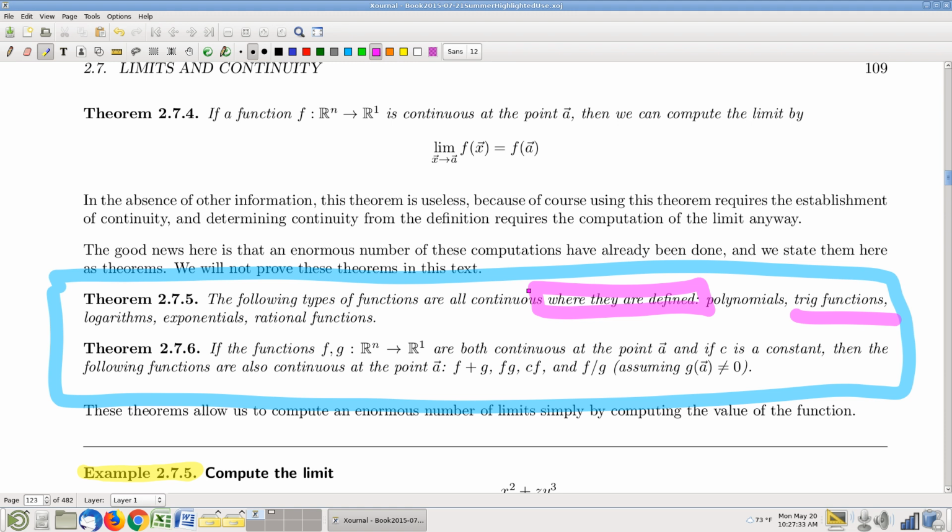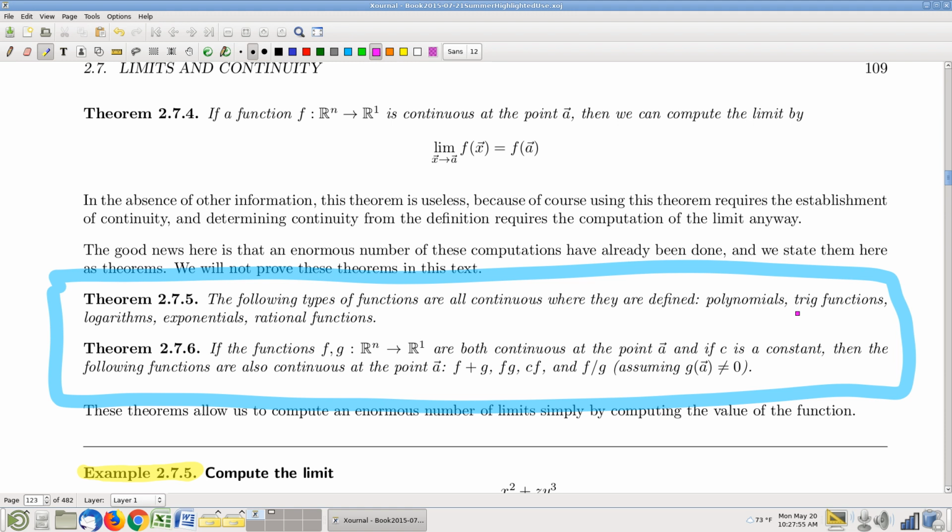So, this is a big disclaimer. Where tangent is defined, it is continuous. It is not defined everywhere, therefore it is not continuous everywhere. Okay, likewise with these other functions listed, and this is a tremendously huge category of functions.